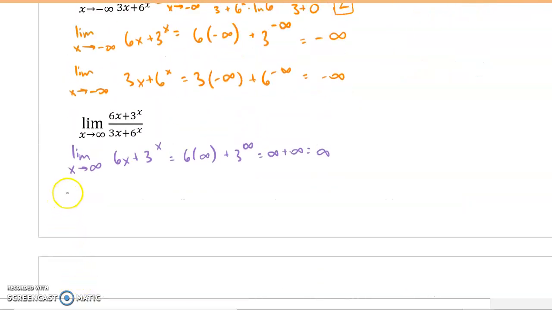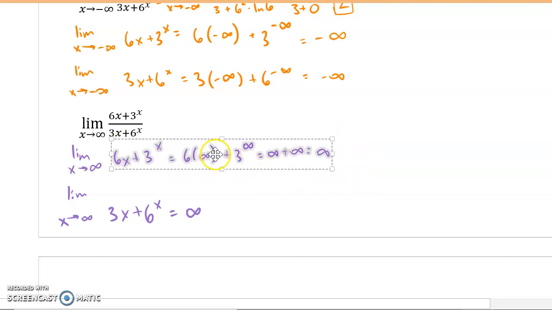So the limit as x approaches infinity of the denominator is also equal to infinity. All right. Let's see, if we were to move this down to make a little bit more space for our work.